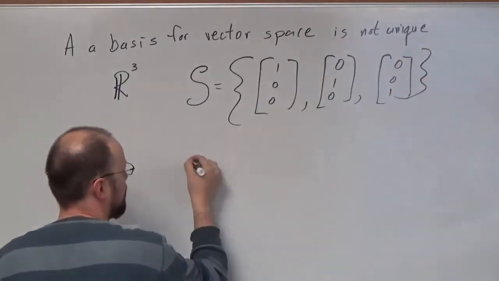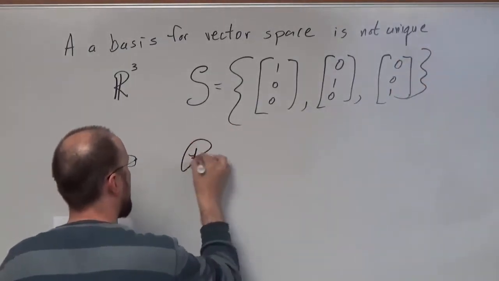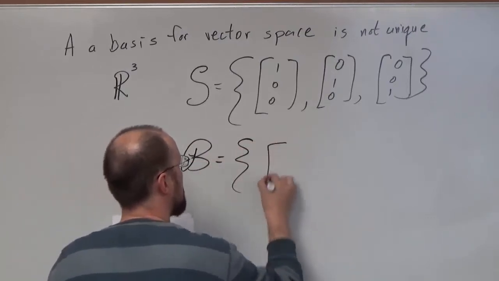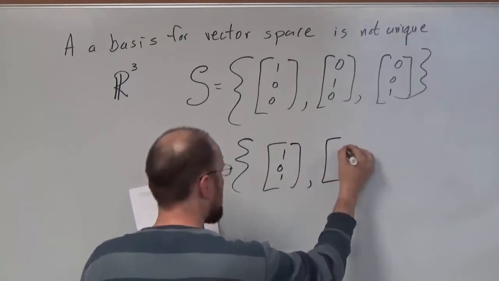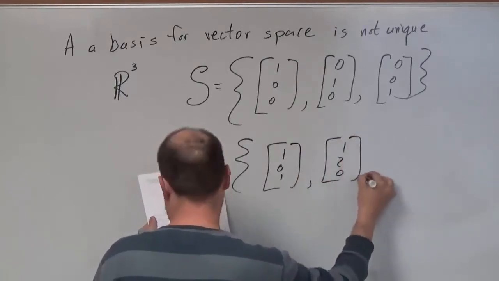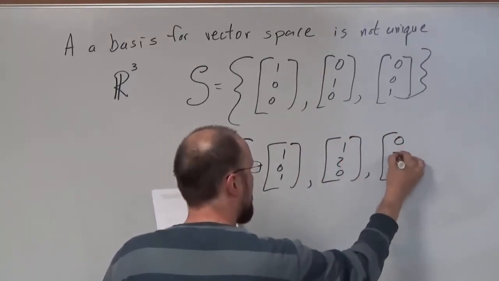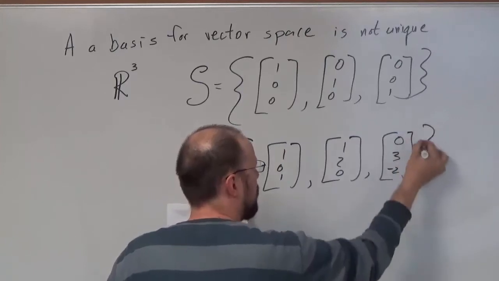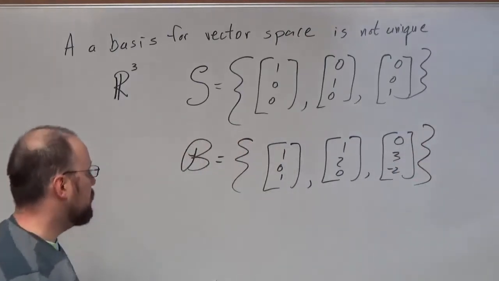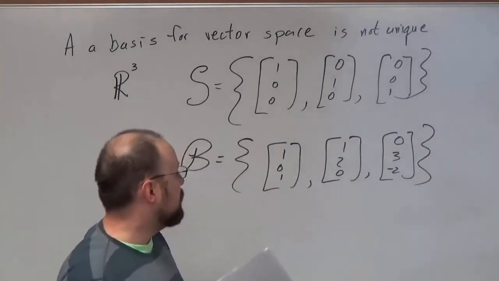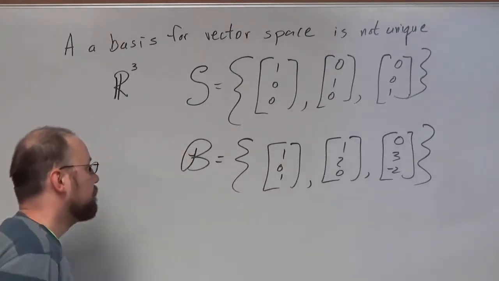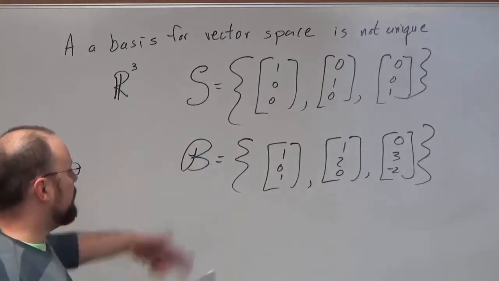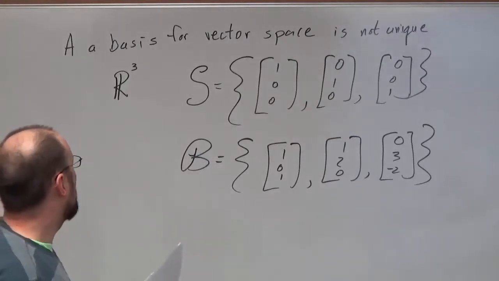And here's a non-standard basis. This set is also a basis. If you stick these column vectors into a matrix and find the determinant, it'll be non-zero. But you have infinitely many bases for R3.